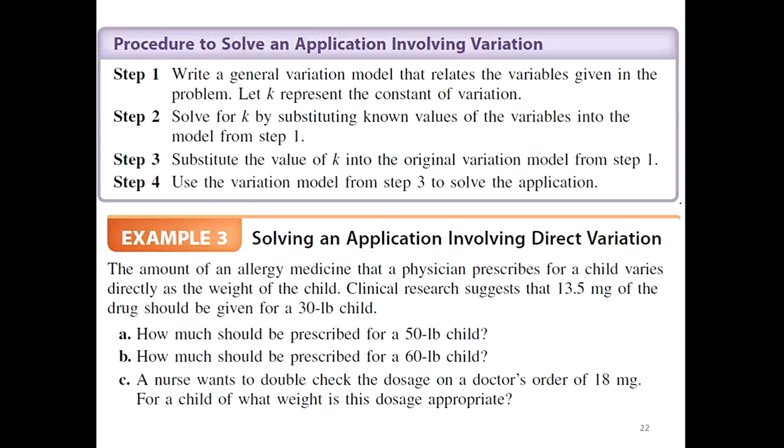Now, before the example, what's the procedure to solve applications involving variation? Firstly, we need to write the general variation: inversely, jointly, or directly. After that, find K, the constant of variation. We must find K, because in all 3 types of variation we have the constant of variation.